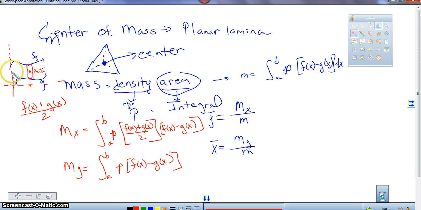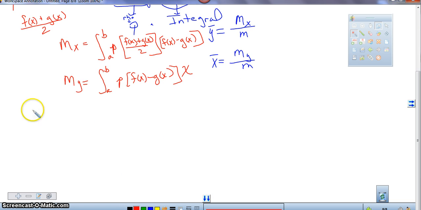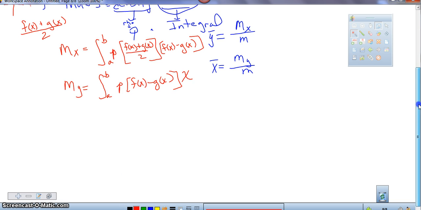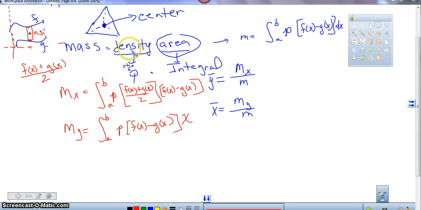What is the distance from the y-axis? It'd be right here. What is that distance? That distance is x. So the moment about the y-axis would be your mass, so density times area times the distance from the y, so there. The distance from the y is x.